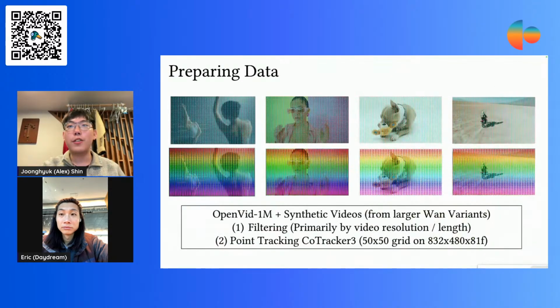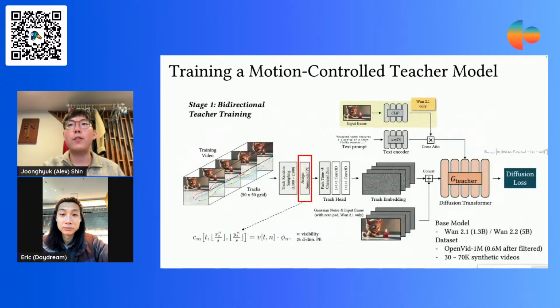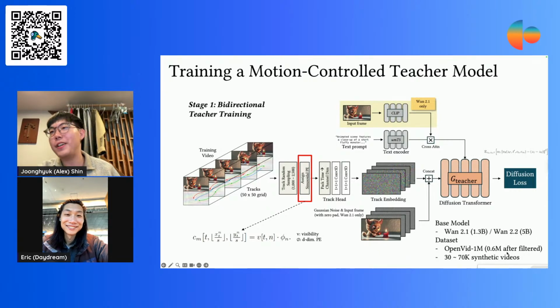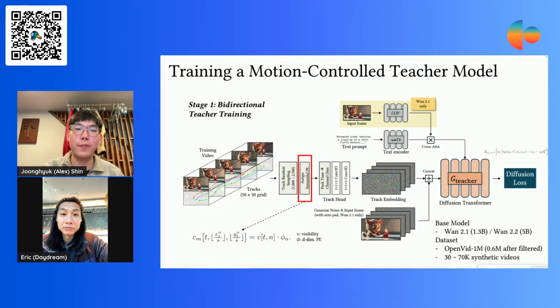So I mentioned I used two sets of data, which is OpenVid 1 million and synthetic data. Oh, for 30, I was supposed to say 30K. There's a bit of confusion here. But the reason why I use 30K and 70K is that there's an open source sampled video repository called FastVideo Team.